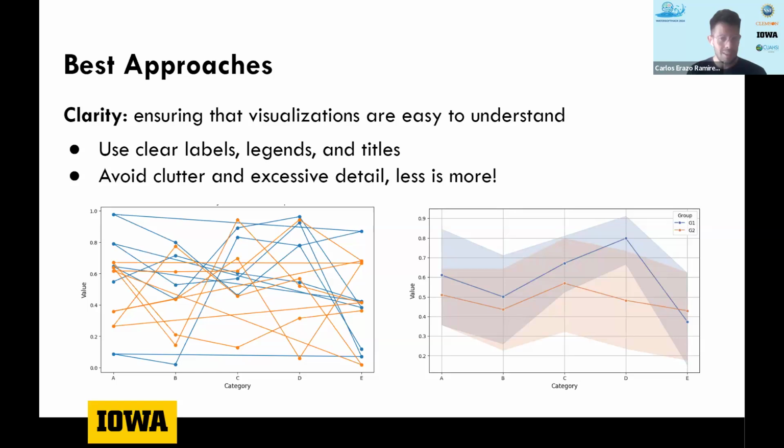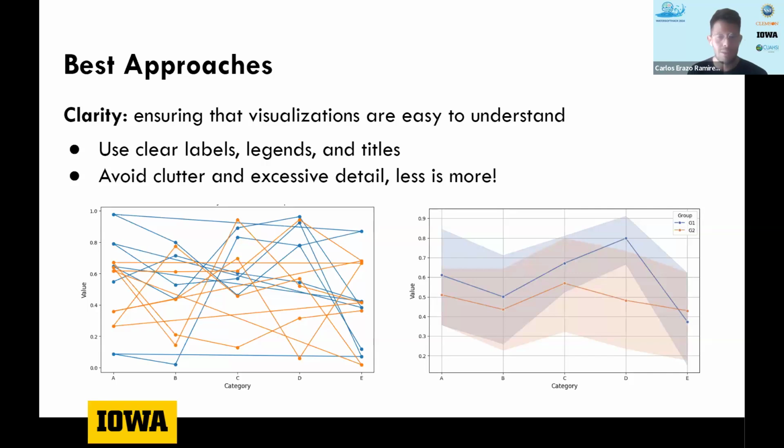However, clarity means using clear labels, legends, titles, focusing on what you're trying to say, and avoiding clutter if you have a lot of excessive details, like adding grid lines in a line chart. I've seen examples in which only the vertical grid lines are necessary, and that's more than enough.